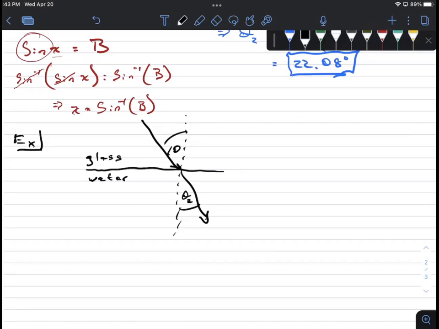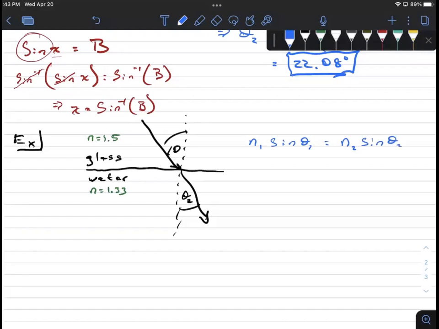Well, in order to do this, of course, we need to know the index of refraction for glass is 1.5, and for water is 1.33. So there's our question. This is refraction, so I use Snell's law, n1 sine theta 1 is n2 sine theta 2.